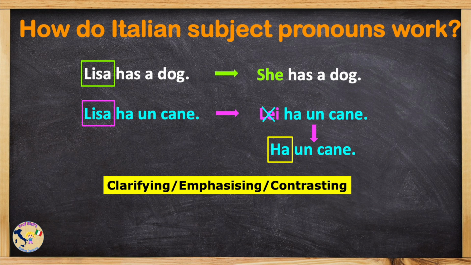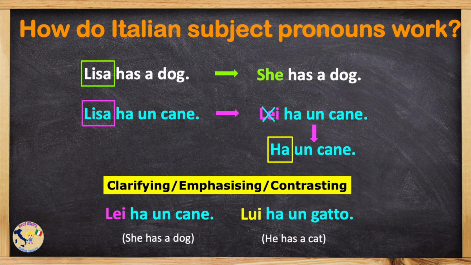So let's look at these two sentences. The one we used earlier, lei ha un cane, she has a dog, and lui ha un gatto, he has a cat. If we were to omit the pronouns, we would still get two meaningful grammatically correct sentences, ha un cane and ha un gatto.